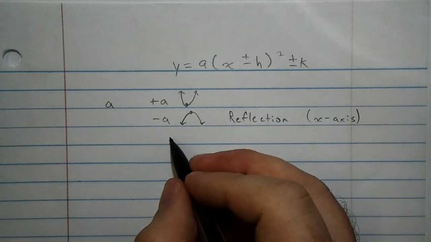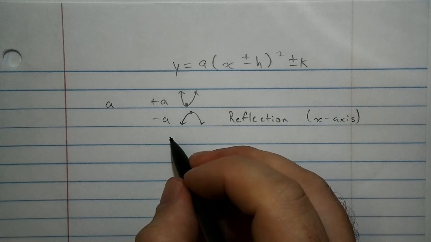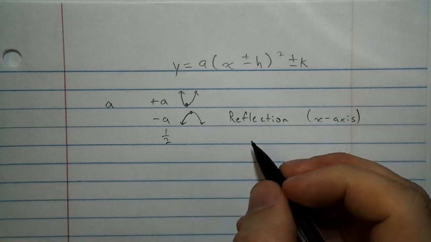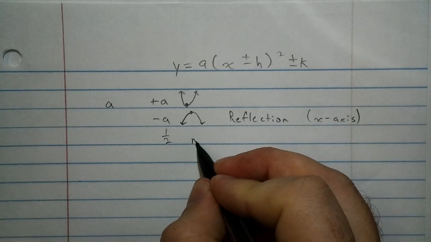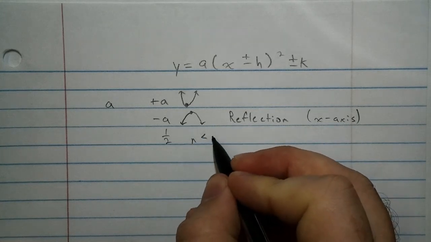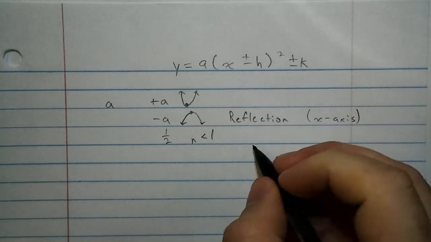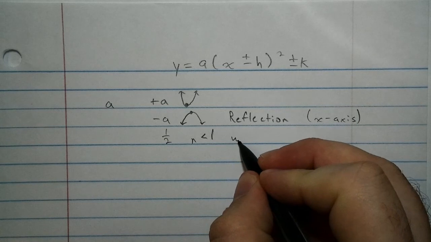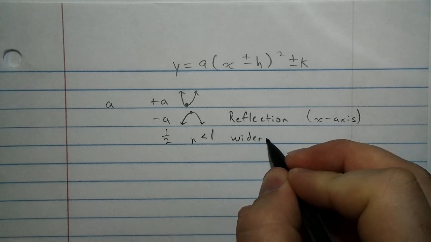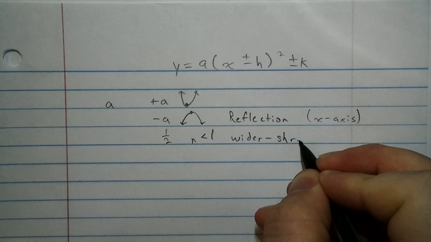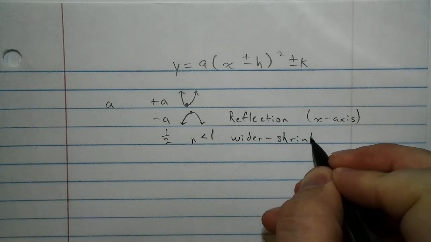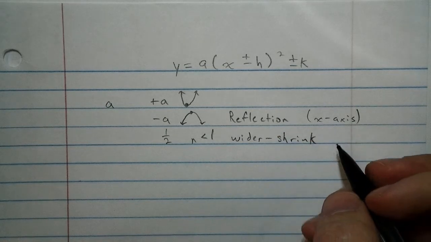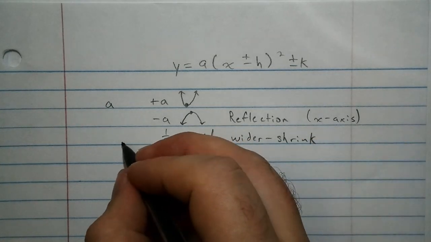If you ever see a number that is smaller than 1, so 1/2 or smaller, that is going to make your parabola wider, also called a shrink. And it could be with a positive or with a negative.